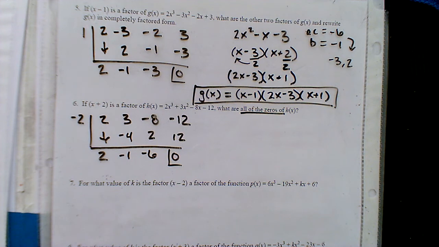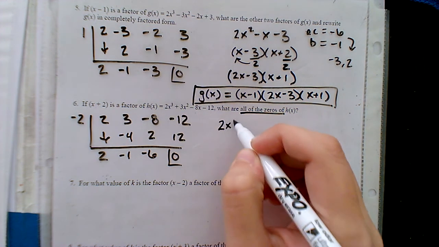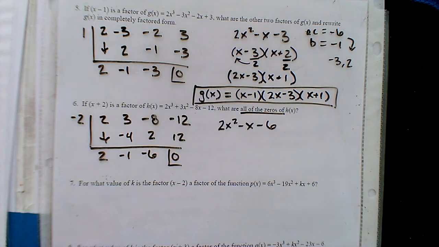Now looking at our division, our remainder is 0, so we know officially x plus 2 is a factor. Let's go ahead and take our quotient values, put the x's back in, and see if we can continue to factor. Find the other factors of this polynomial.